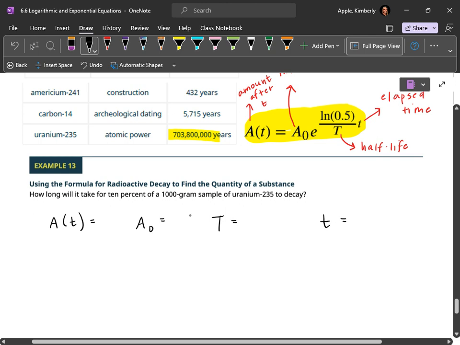So these are the values that we need to identify. It says that there's 1,000 grams to start. We see that 703,800,000 years is the half-life. And we want to know how long it's going to take 10% of it to decay.